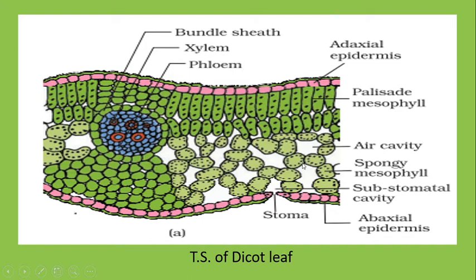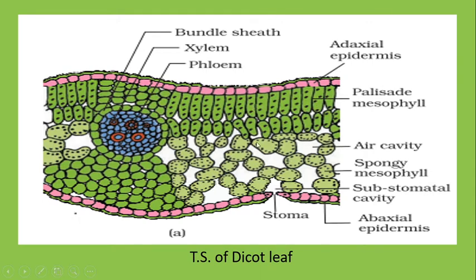The cells are almost circular, oval, spherical, elliptical or irregular in shape, and they are loosely arranged with large air cavities. So it helps in gaseous exchange, it helps the plant. Then the next, the palisade contains a high amount of chlorophyll.